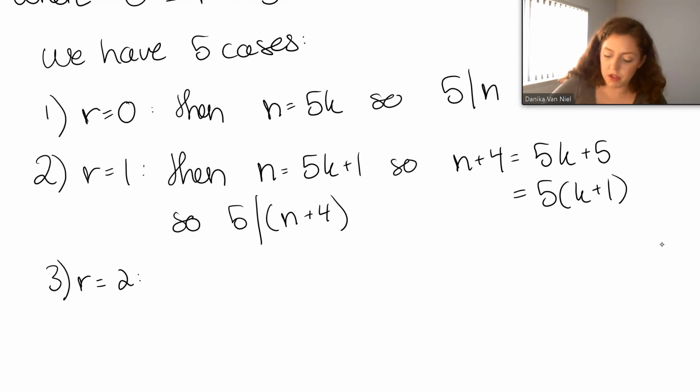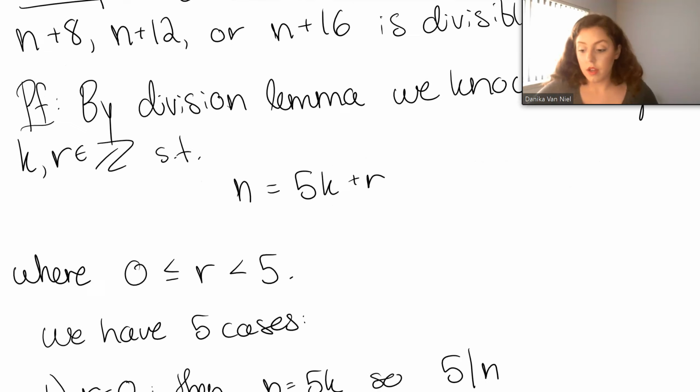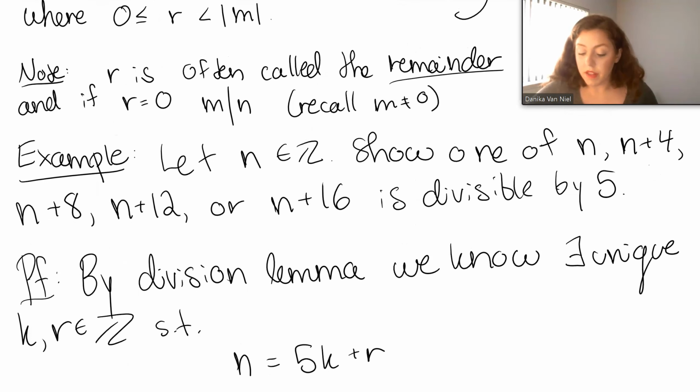How about r equals 2? Then n equals 5k plus 2. Let's do our same thing. What can we add to 2 that makes it divisible by 5, from what we have? We can't just add 3, because, true, that's true, but that's not something we're trying to show. We're trying to show that it divides one of these things.